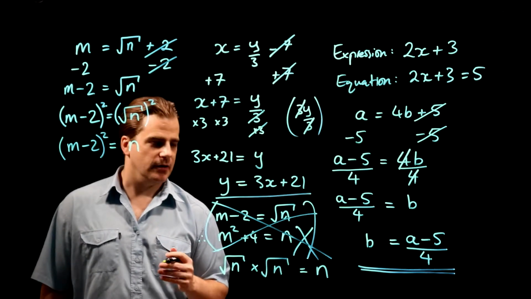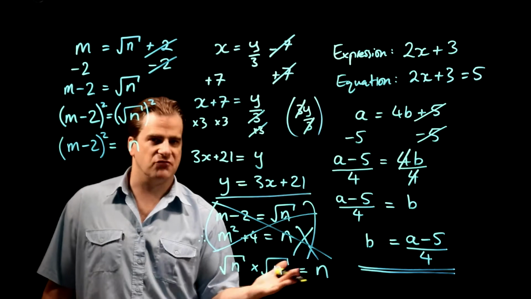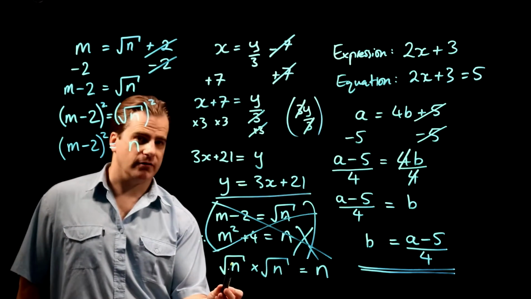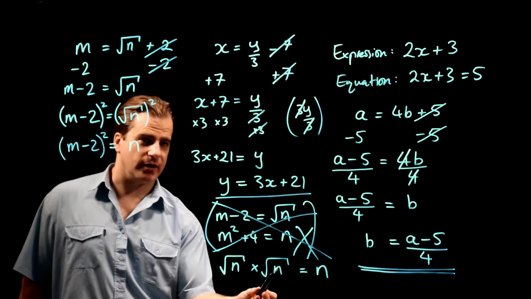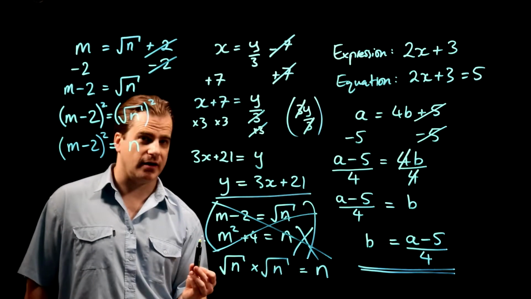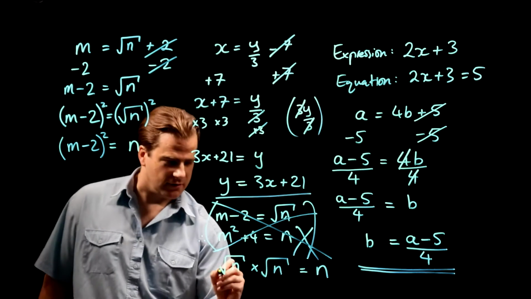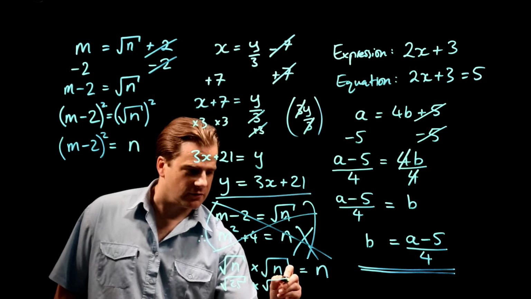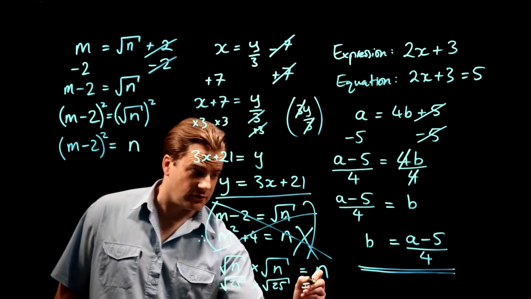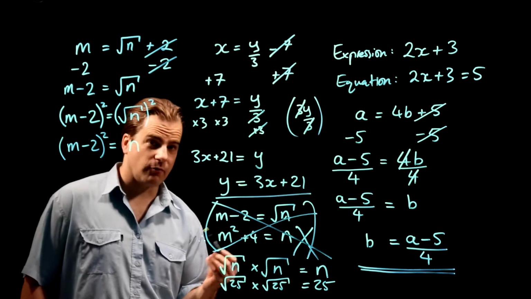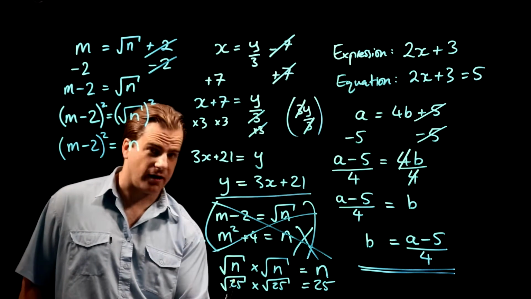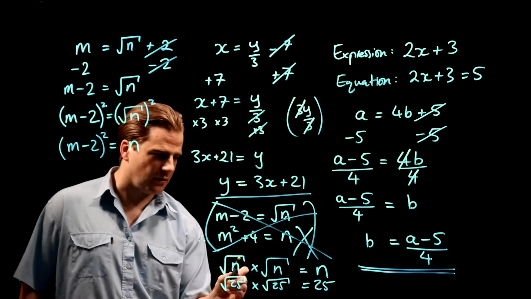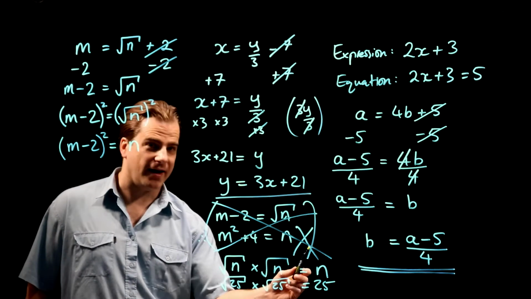For example, what if n was 25, say? The square root of 25 times the square root of 25, I'm claiming that that's 25. And I'm right, because square root of 25 is 5, so it's 5 times 5 is 25. So I hope I've convinced you that the square root of n squared is just n.